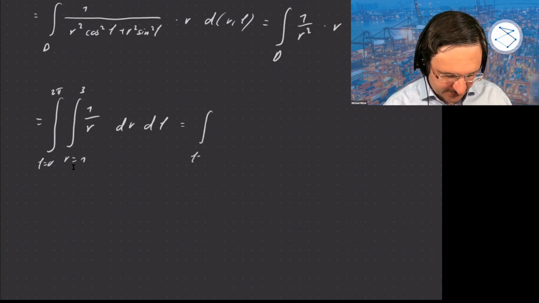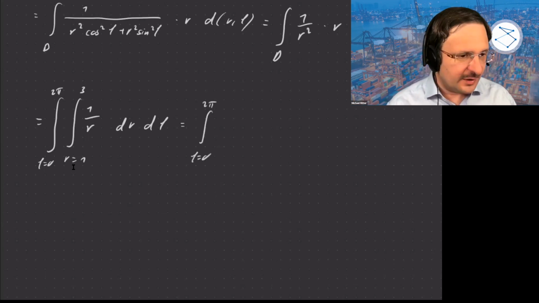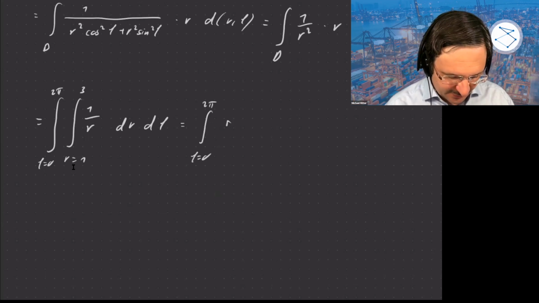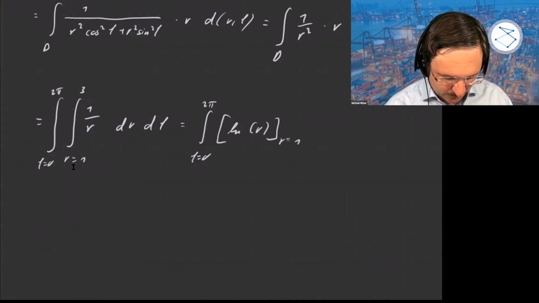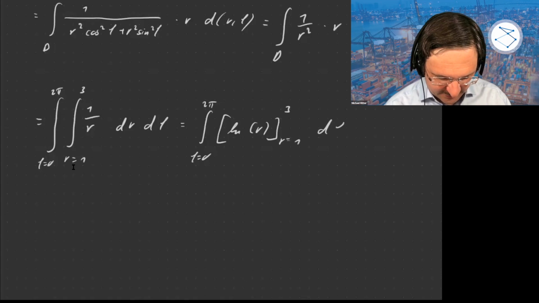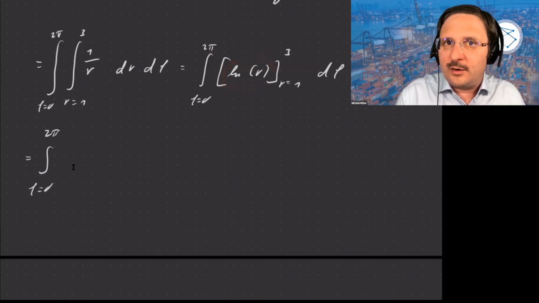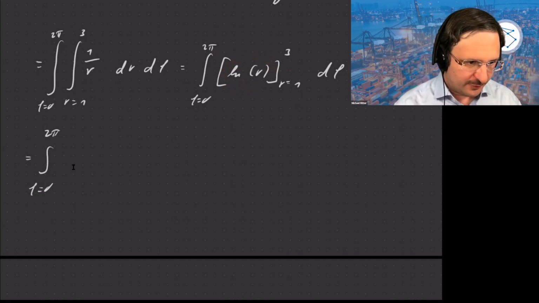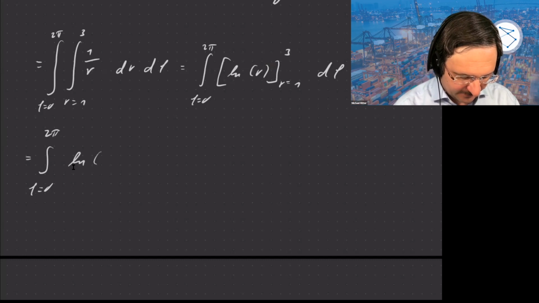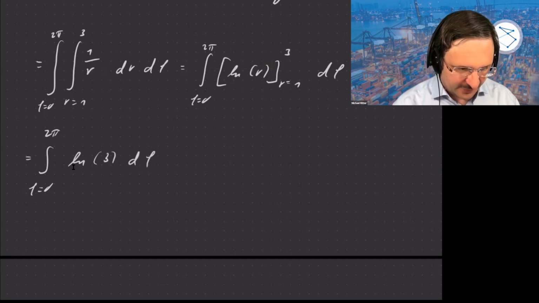So the first integral becomes ln of r. The boundaries are 1 and 3, and we still need to integrate this dphi. So this here becomes ln 3 minus ln 1. ln 1 is 0. So we're left with just ln 3 dphi.